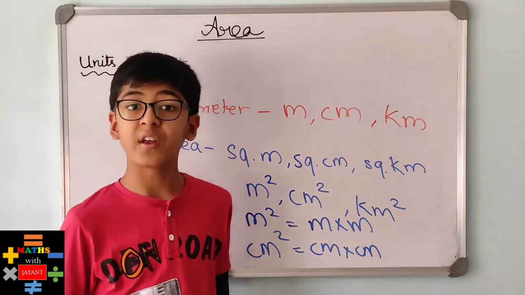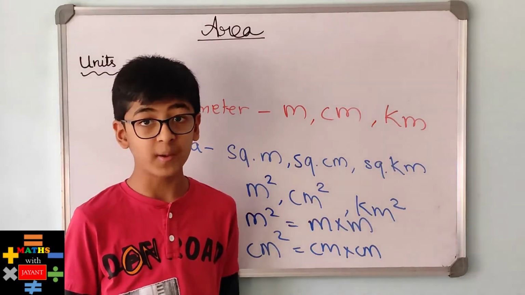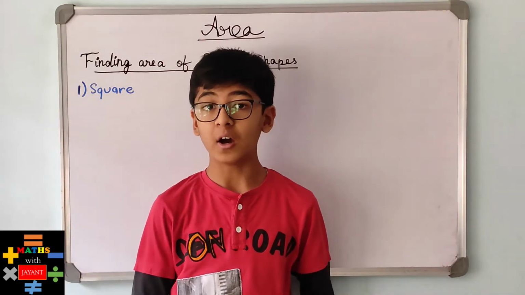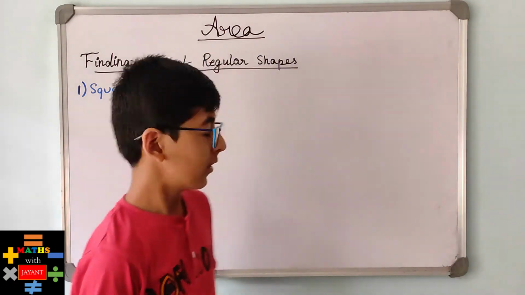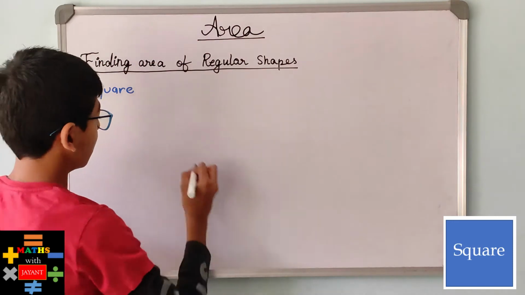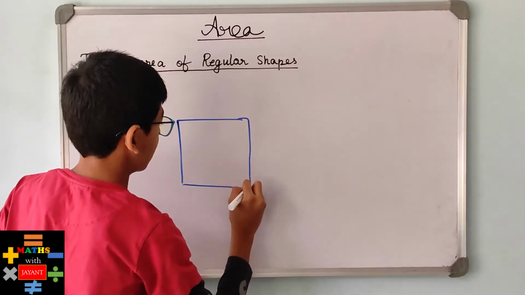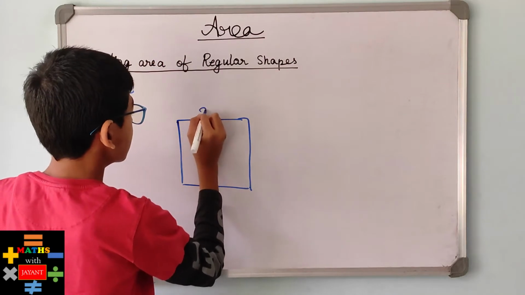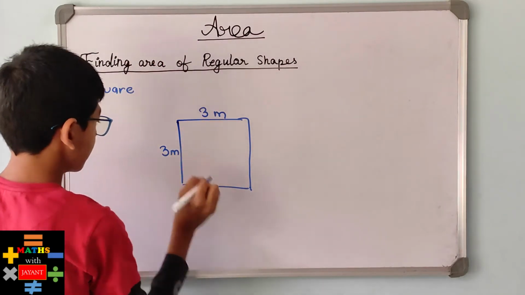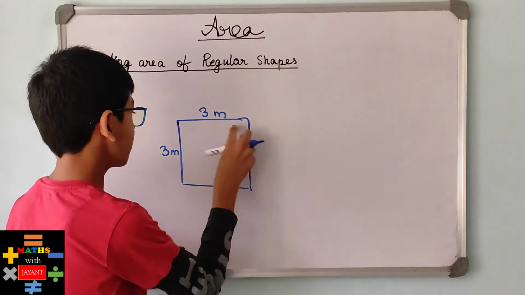Now let us understand how we find the area of regular shapes. Our first shape is a square. Let us take a square with the side 3 meter by 3 meter. You see over here this is 3 meter.